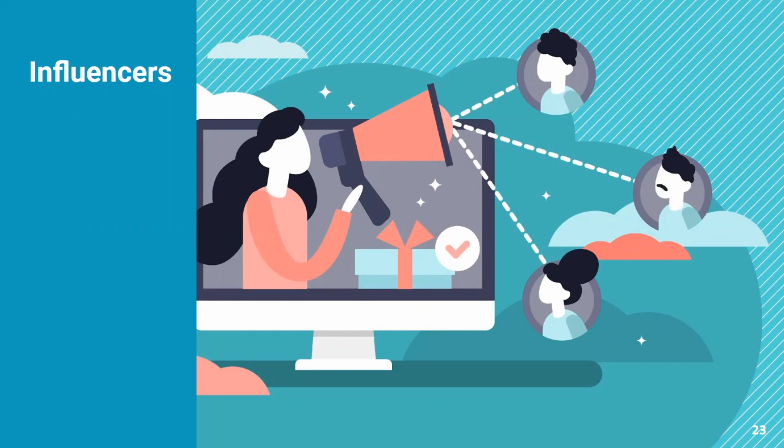You can work out some sort of quid pro quo. You market this campaign for me to your following, and we'll do something for you. You usually have to do that bit of back and forth there.